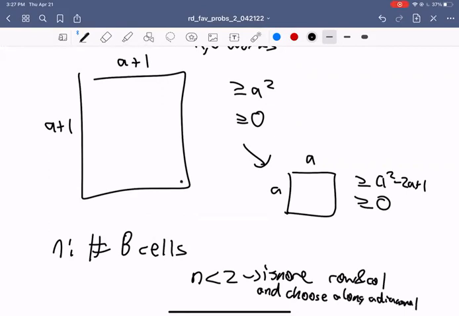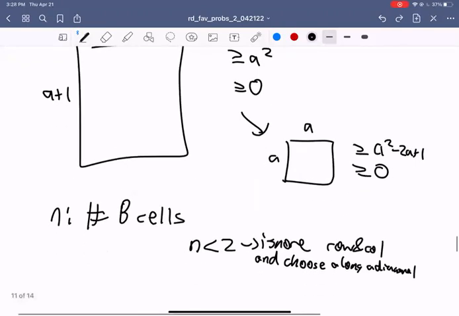So like if this is the only bronze cell, we ignore this column and this row, and we choose these amber cells. So we only need to worry about n greater than or equal to 2.